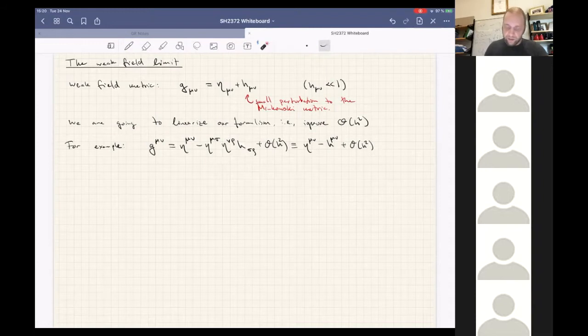So we're going to raise indices of h just using the Minkowski metric.